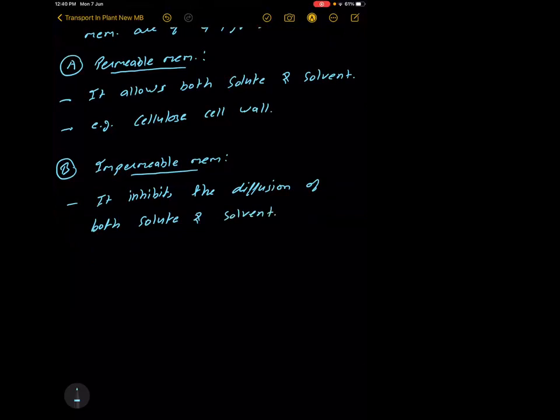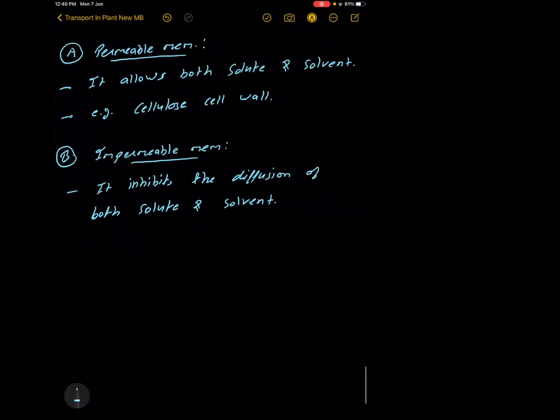Sir, can you say inhibit? Inhibit means to check, to stop. It doesn't allow. It inhibits the diffusion of both solute and solvent.